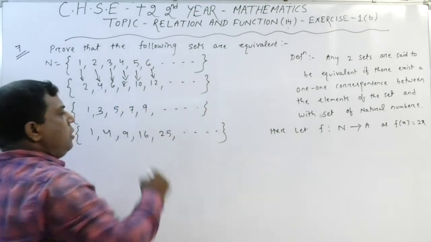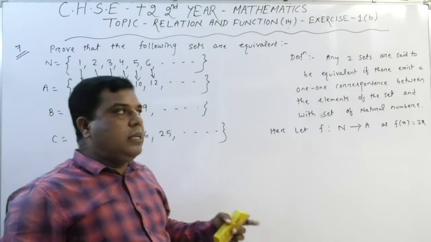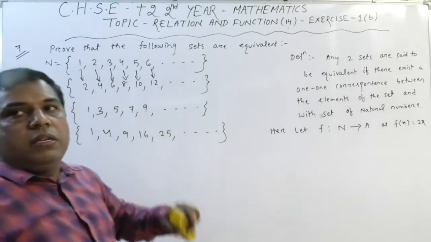Yes or no? With each and every natural number we are getting an image present in the set A.